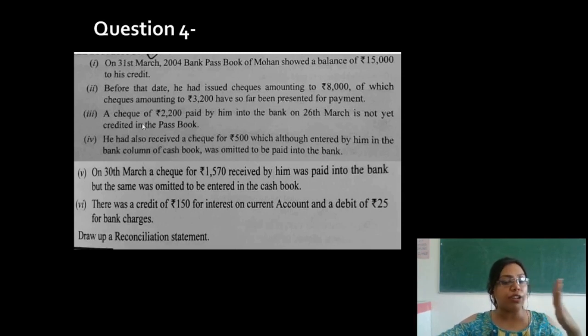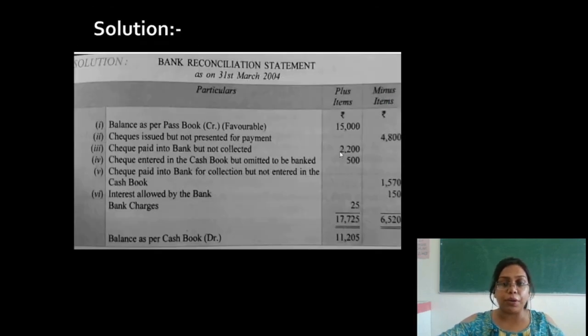It has not yet been credited to my passbook. But what would I have done? I would have decreased this amount from my bank column. So I would increase this amount of 2,200 in my BRS.